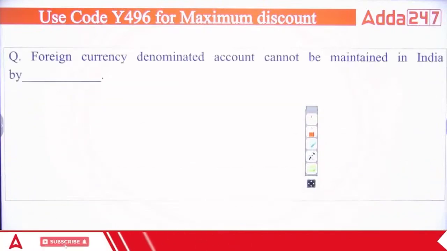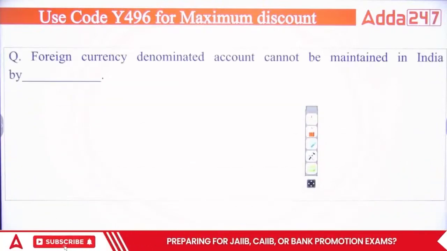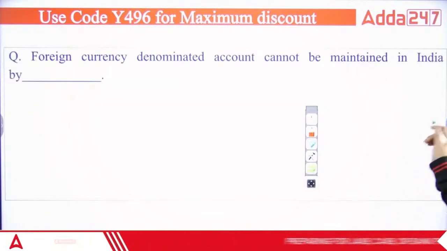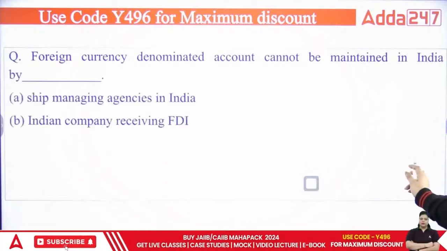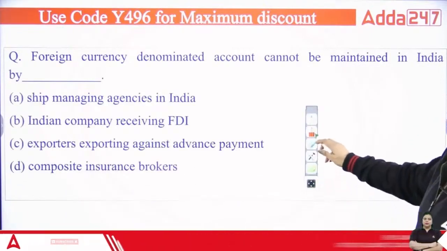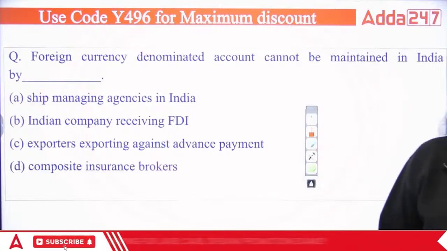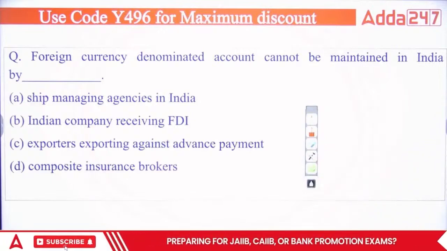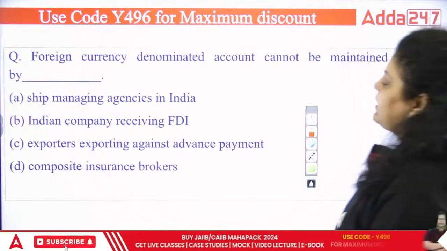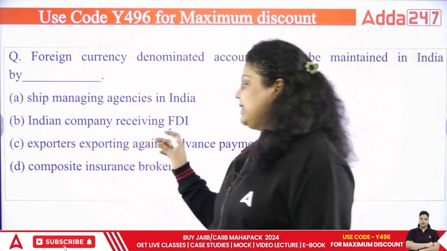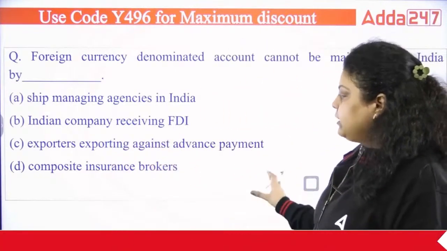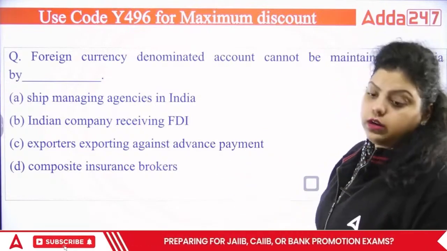Next, a foreign currency denominated account cannot be maintained in India by dash. Who cannot maintain a foreign currency denominated account in India? First is ship managing agencies in India, second is Indian company receiving FDI, third is exporters exporting against advance payment, fourth is composite insurance broker.